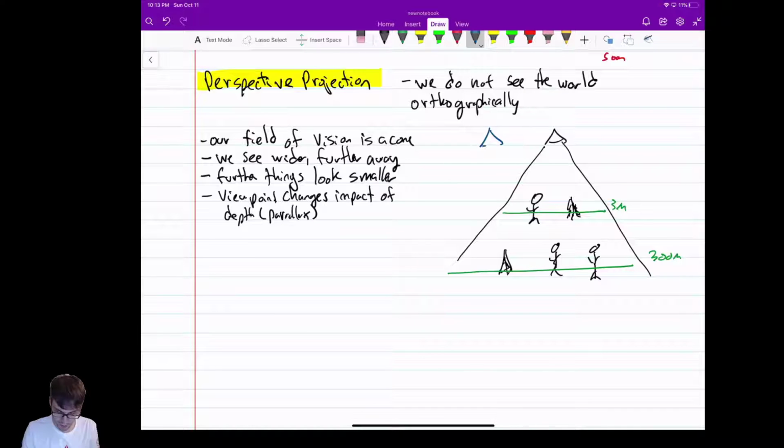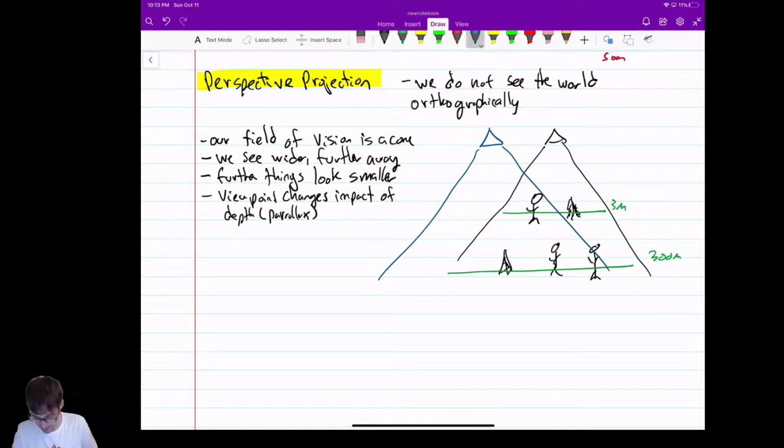If I move sideways, if this was orthographic, anything I can still see would still be flat. It would just shift with me. But here, for example, I might no longer see this person. They might be blocked by this other person. The tree might move a little, because it's so far away, or this person might move a lot. So we get this parallax.